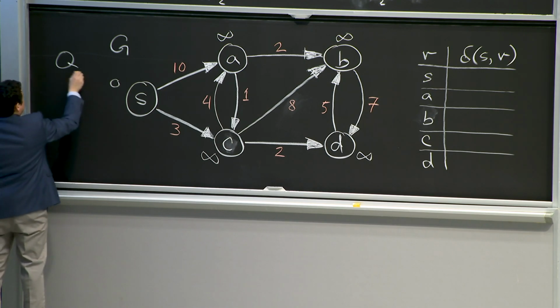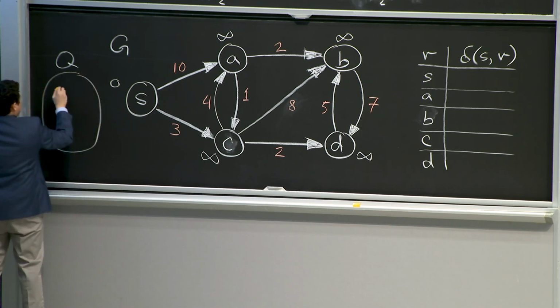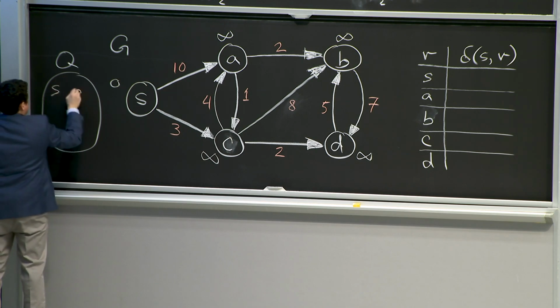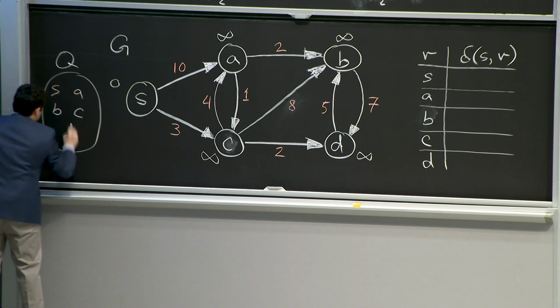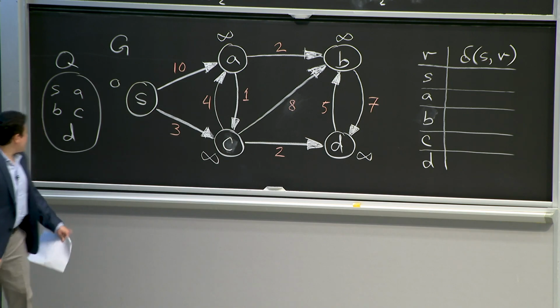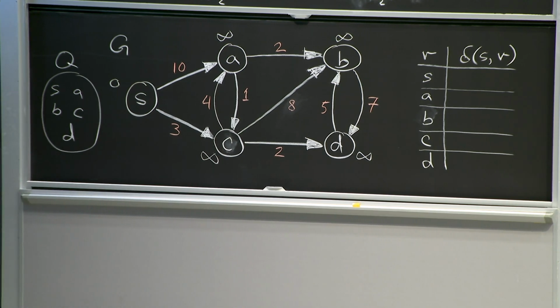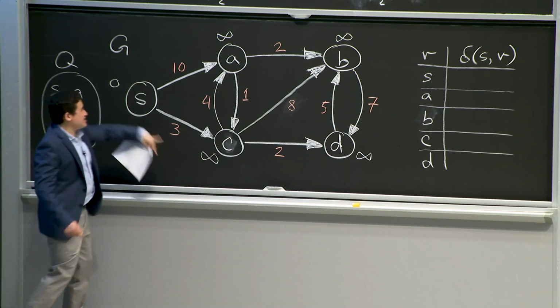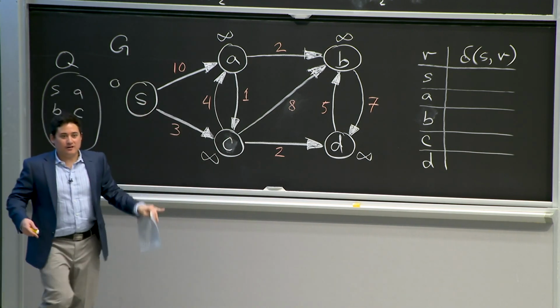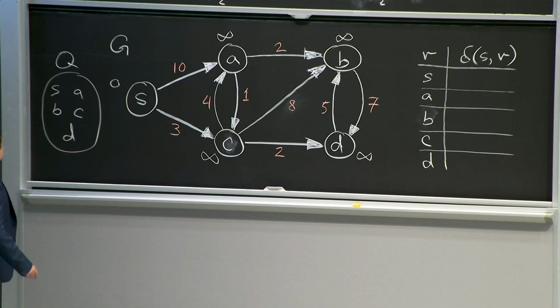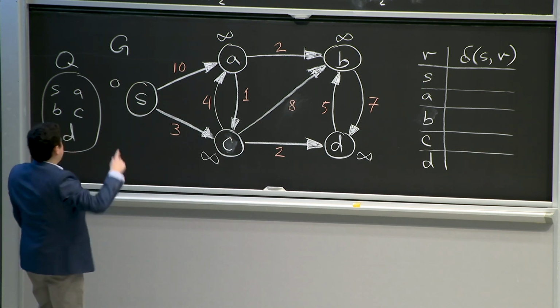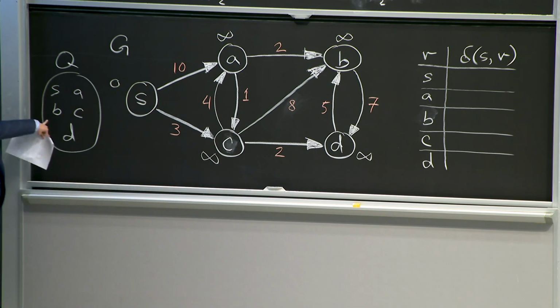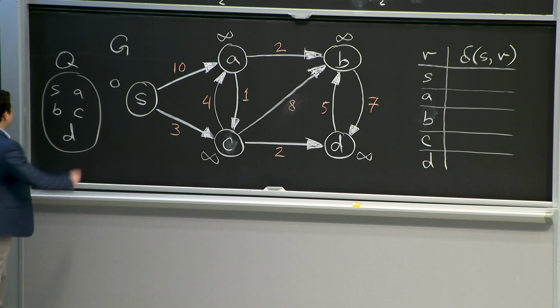It's everything: vertices S, A, B, C, D. I got 5 items in my queue. Really, it's the item pair with its shortest distance estimate. I'm just not going to rewrite that here. So the idea here is, what's the while loop? Queue is not empty, great. We're going to delete the one with the smallest distance estimate, which is S.